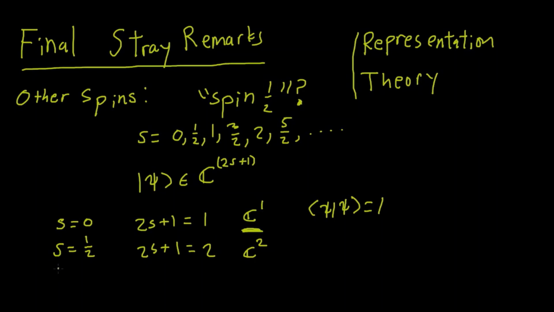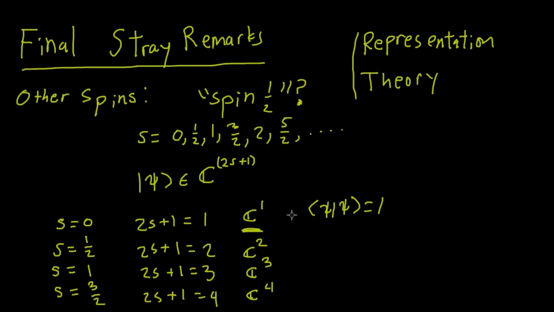It's taken up this whole video to talk about that. If s equals 1, then 2s plus 1 equals 3, and then states live in C3. And if s equals 3/2, then 2s plus 1 equals 4, and our states are elements of C4, and on and on and on.